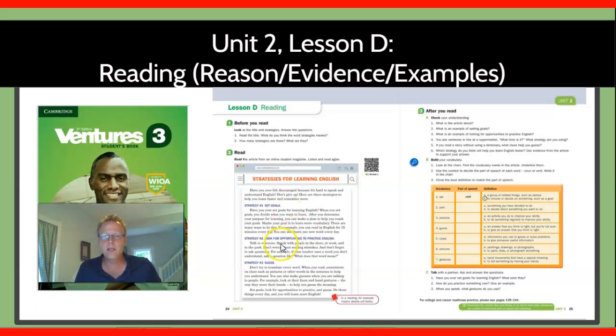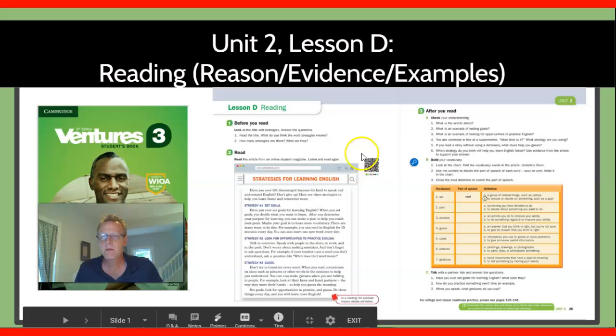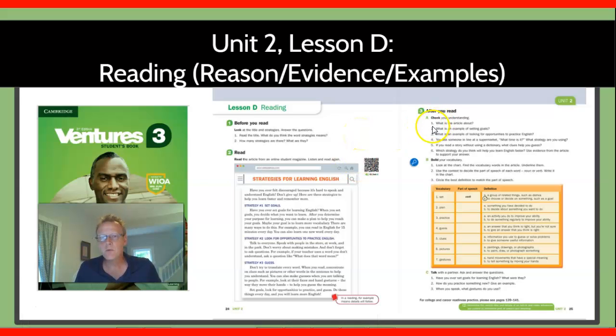We were given 3 strategies, and ultimately we were asked some questions about the text. We had to answer the questions with reasons and evidence given by the author in the text.